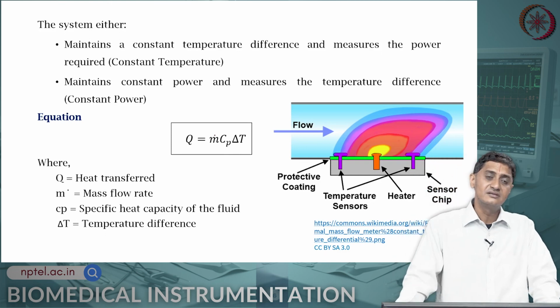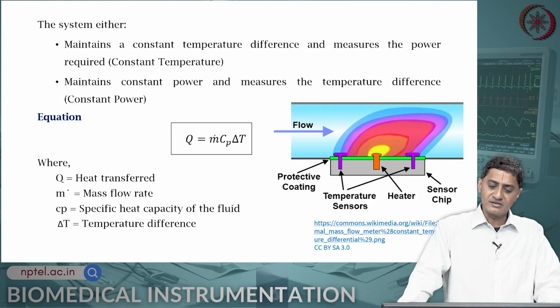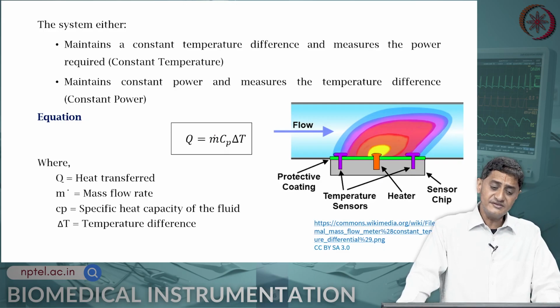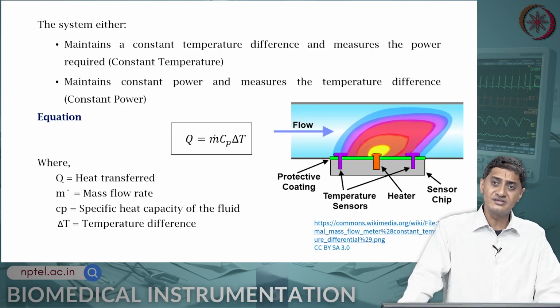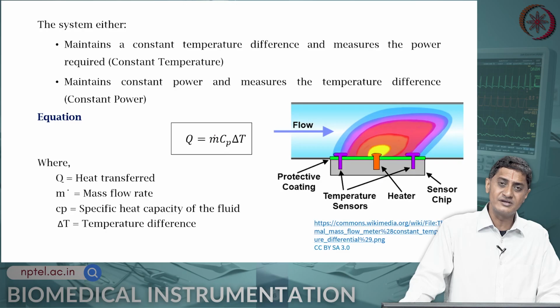The other uses constant power and measures the temperature difference. Now, in this case you supply a constant power and you measure the difference in temperature between the 2 points, and this temperature difference is a measure of the mass flow rate.